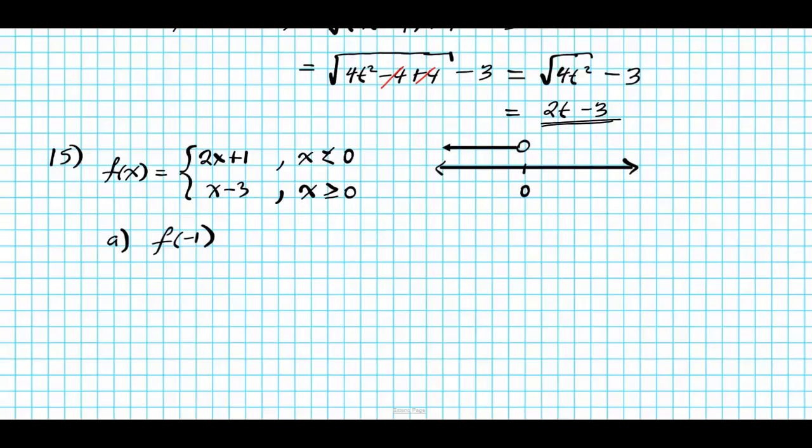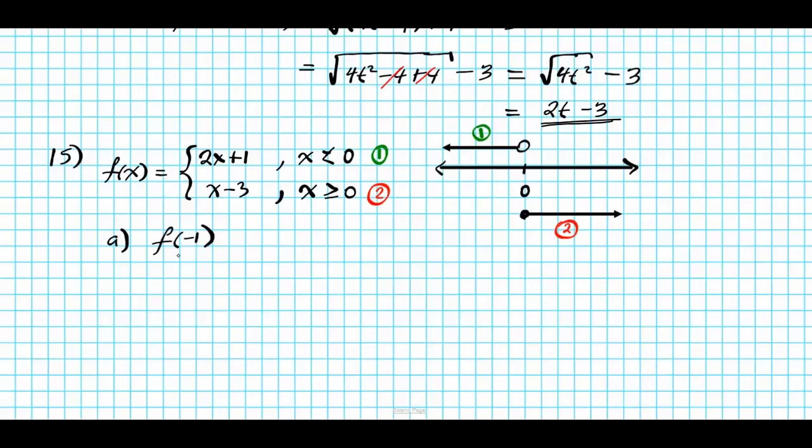So let's say this is function 1 right here. But if you have 0 and anything greater, guess what? You are going to be looking at the second function, okay? Because it says greater than or equal to 0. So for the second function, you are going to be residing in this interval right here.